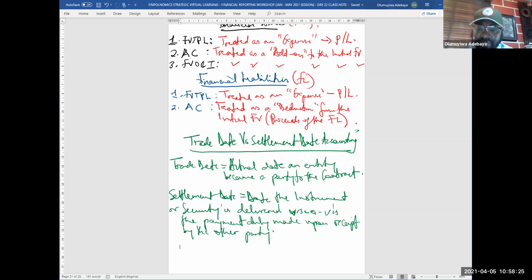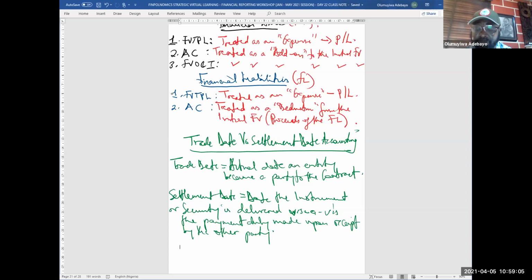But which fair value do we use to recognize your participation in that contract, the fair value as at the trade date or as at the settlement date? The standard makes it an accounting policy, which means it's your choice, because materially there won't be a difference as time goes on.